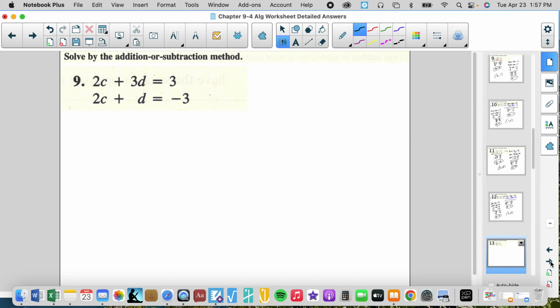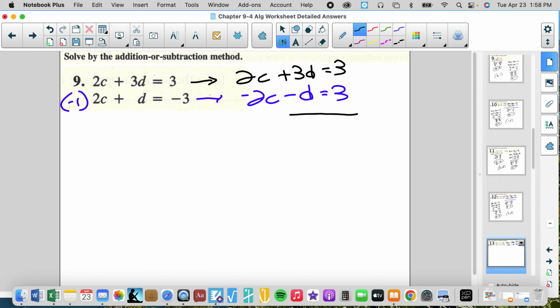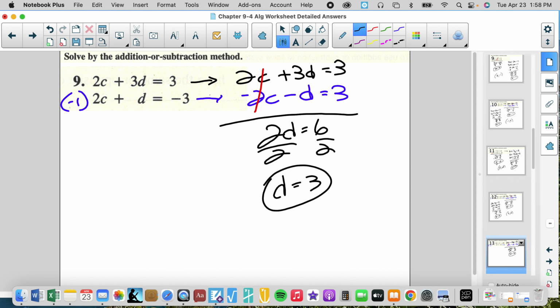None of these cancel naturally, so I'll multiply by -1. This equation becomes -2c minus d equals +3. This is 2c plus 3d equals 3. The c's cancel. 2d equals 6, divide by 2, d equals 3. 2c plus d equals -3.